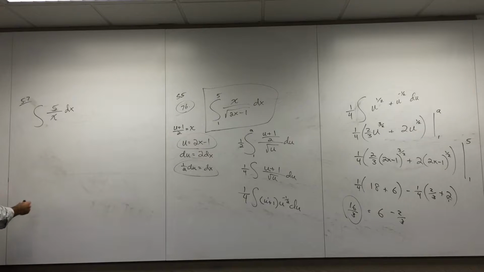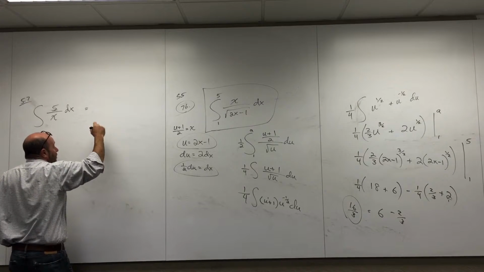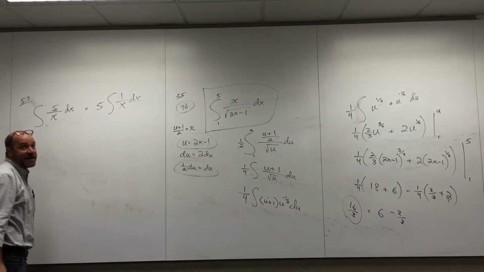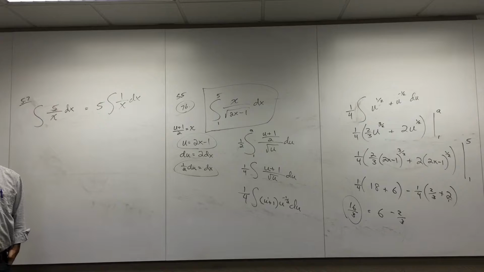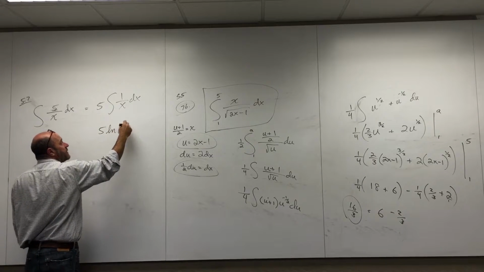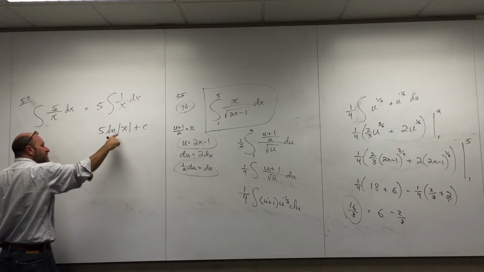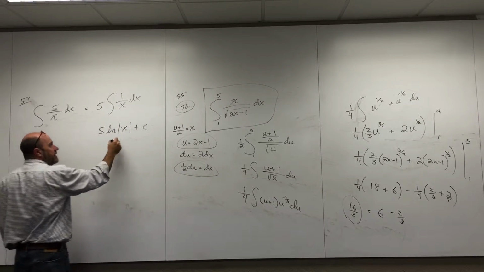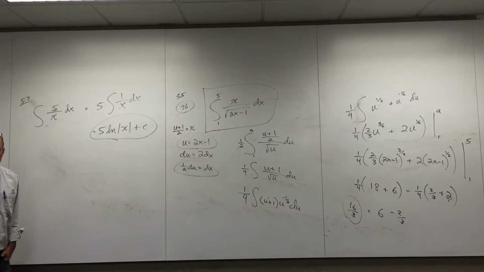And when you integrate, this is easy. You pull the 5 out. You don't even have to pull the 5 out, but you pull the 5 out. It's a 1 over x dx. A 1 over x dx is a classic. It's ln of x, right? So this answer is 5 times the ln of x. Technically, when you do these, you need absolute value on here. Sometimes I'm not too picky about that, but it's part of the formula.